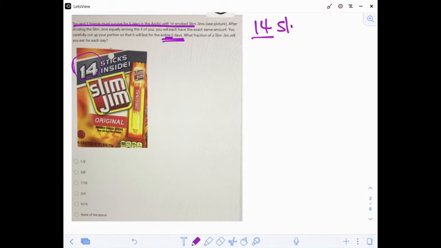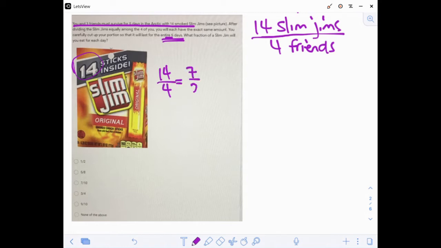14 Slim Jims, let's write this out. 14 Slim Jims split up, or divided, by four friends. So let's see if I can figure out what that is. 14 over 4. I can reduce that, take out a factor of 2, to 7 halves.